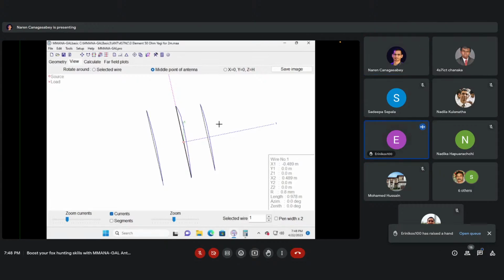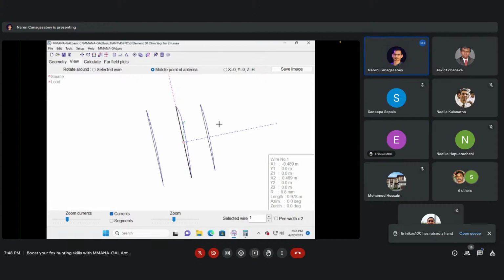I'm asking the question because it's a Fox Hunt antenna, so say to make the construction simpler and sturdy, can we possibly have, I'm not suggesting, I'm asking a question actually, can the driven element be one continuous length without a split in the middle? What complications would we face if we do that?